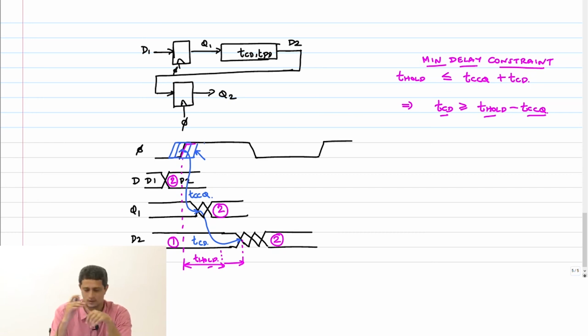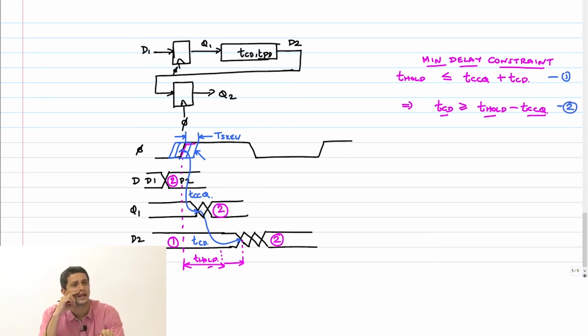If you look at this delay, it is T_skew. From there, I need to ensure that there is enough hold time. So how do I modify this equation? Where should I add T_skew? To the left. So what is the next thing now? I will add T_skew.